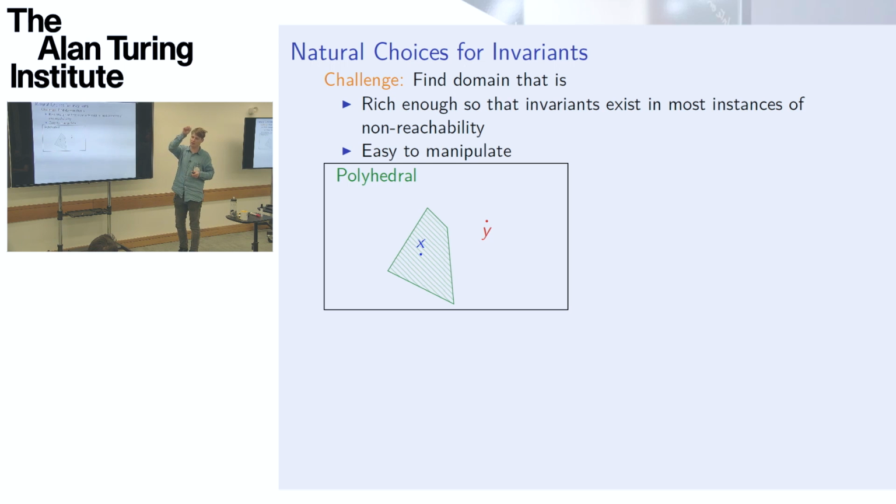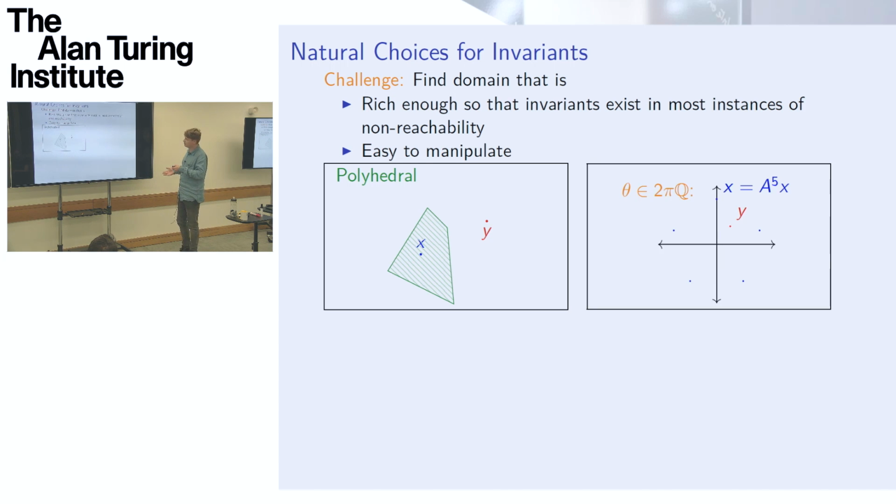And when something is turning around and you have a convex set, the set has to be really big. For instance, in this example, where we have a really simple rotation that gives a finite orbit, there's going to be no polyhedral invariant, because y is in the convex hull of the orbit. So here we can't have any polyhedral invariant.